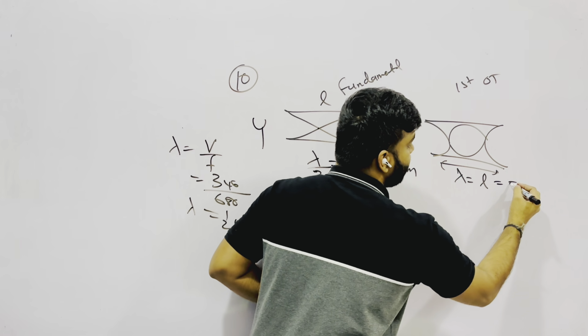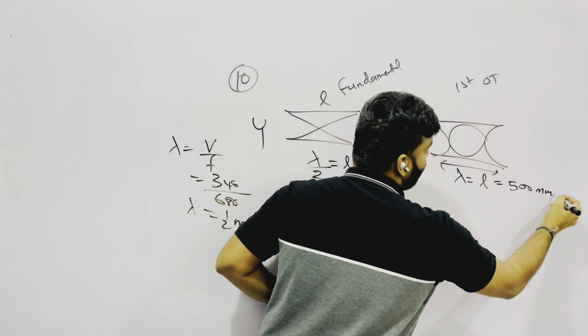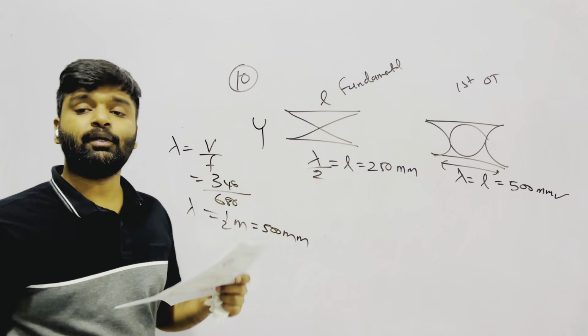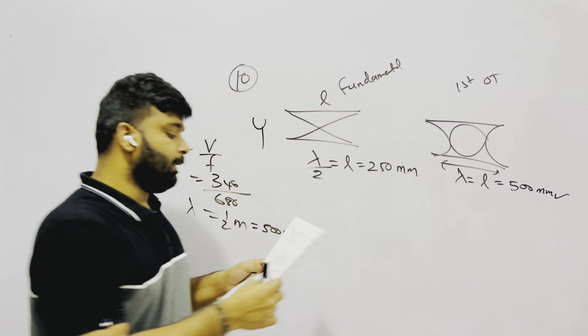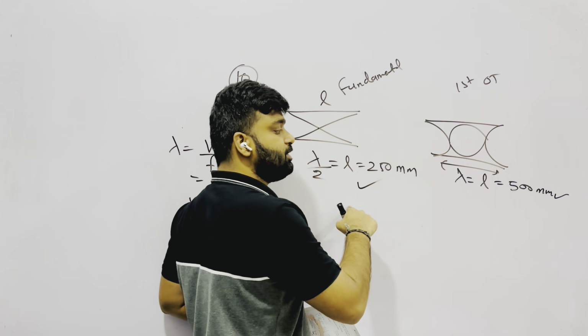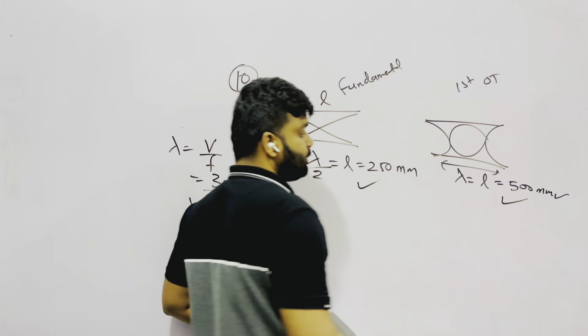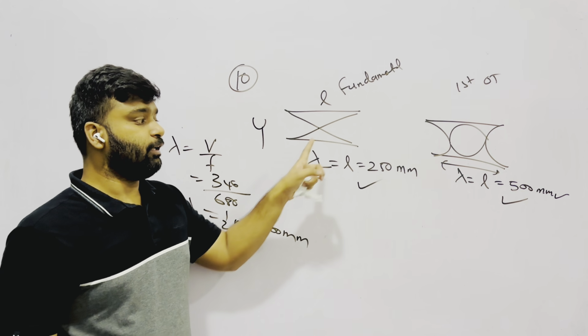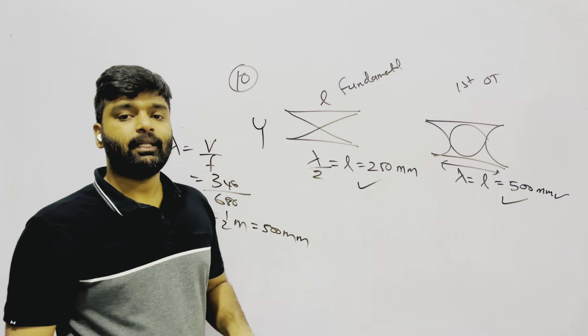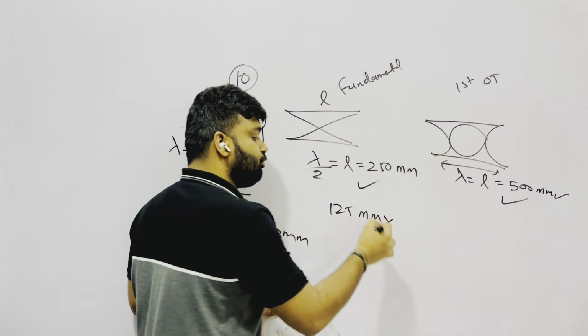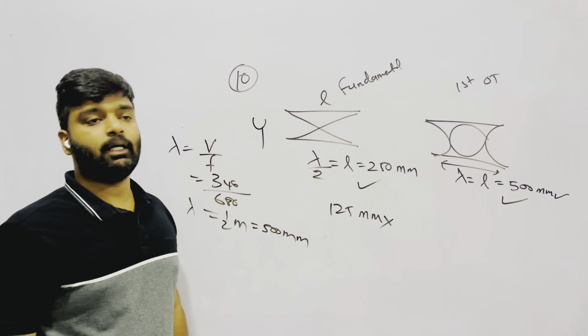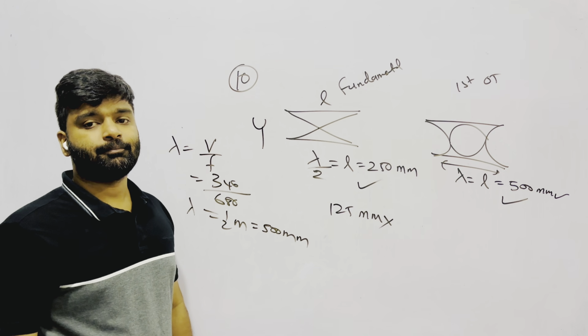Therefore L can be 500 mm also. Therefore answer C is also possible. At the first overtone it can occur. That means 250 mm is possible, 500 mm is possible. This is the least length. Therefore hereafter the length is going to increase. Therefore 125 mm will never form in this pipe open at both ends.